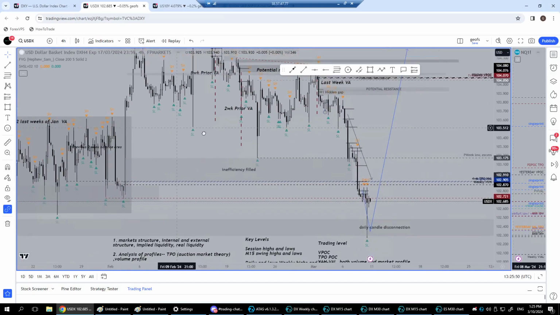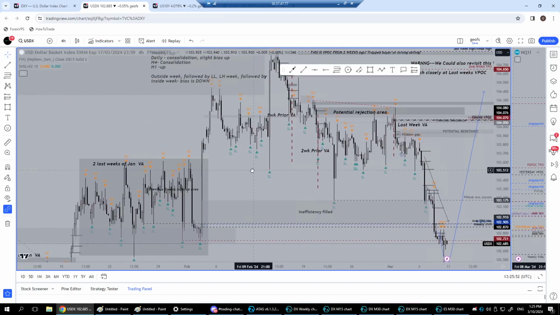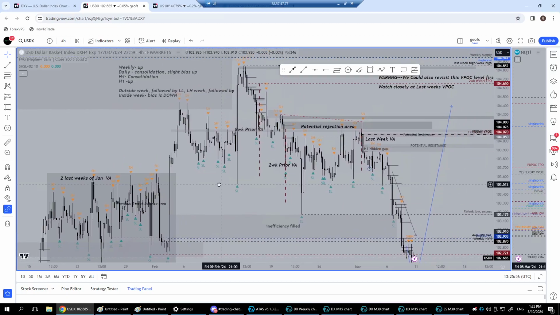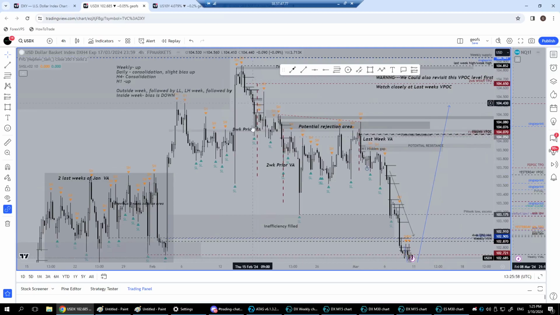So first thing to note, if you go back to our dollar index analysis, we had a value area here from 4 weeks ago, and then a value area from 3 weeks ago that built lower, a lower high, a lower low. Then this one was 2 weeks ago.